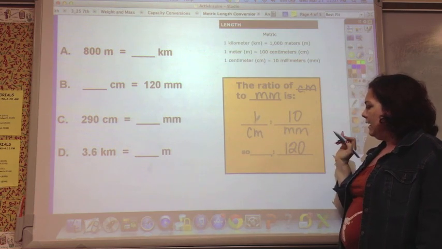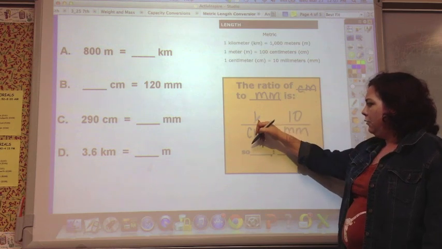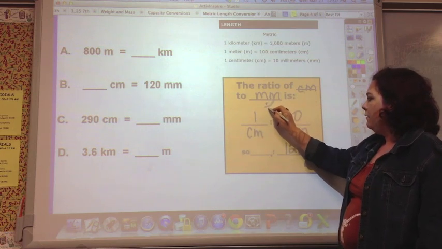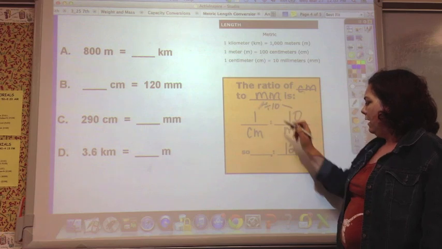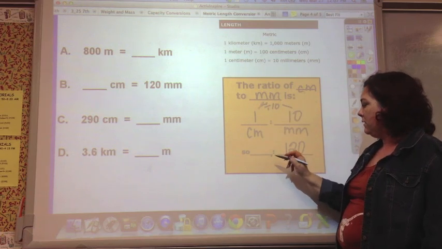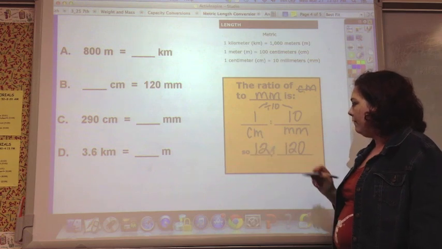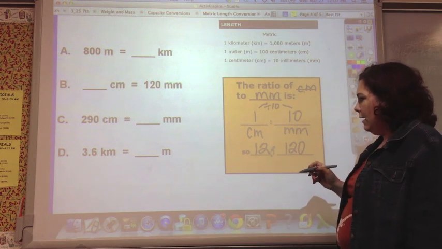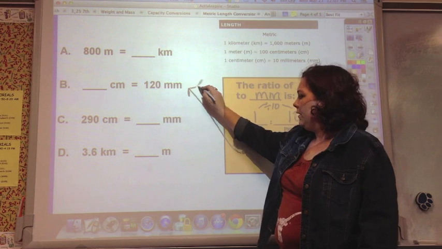So how do I get from 10 to 1? I divide by 10. And 120 divided by 10, I'd move my decimal point one place to the left, and it would be 12. And that's for this one.